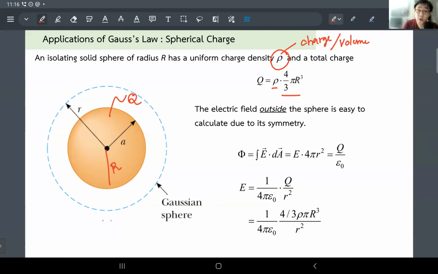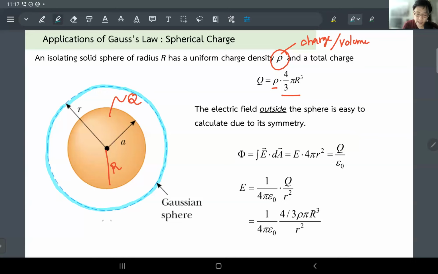So they all look alike in all directions, and hence the shape of a sphere. That's the guide that leads me to pick a sphere to be my Gaussian surface. So I'm wrapping around this ball with a sphere. That is my Gaussian sphere.